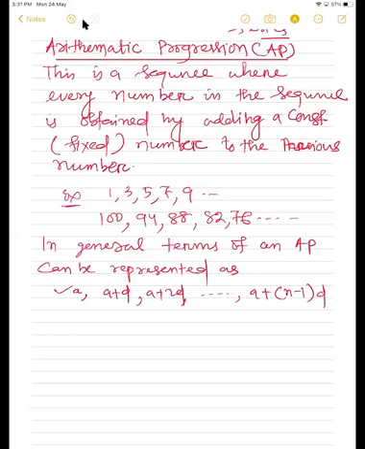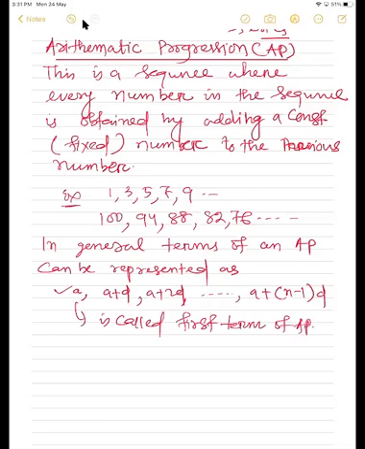This is the first number, and a is called the first term of the AP. What is a called? A is called the first term of arithmetic progression.